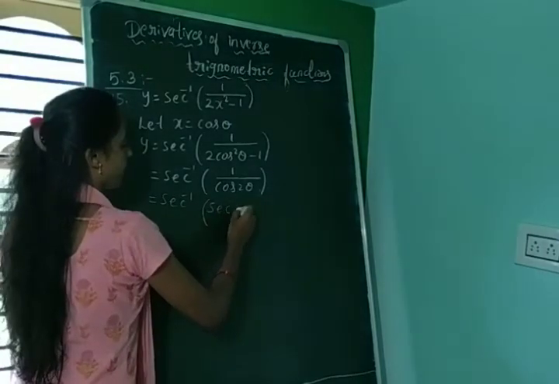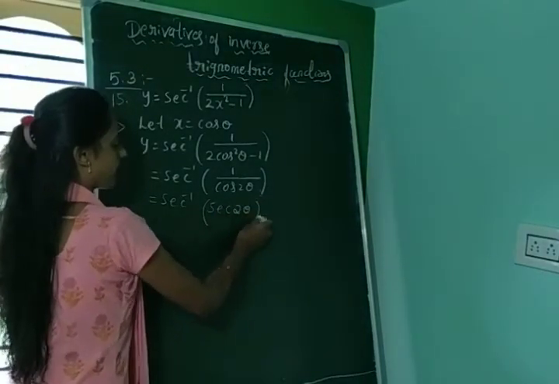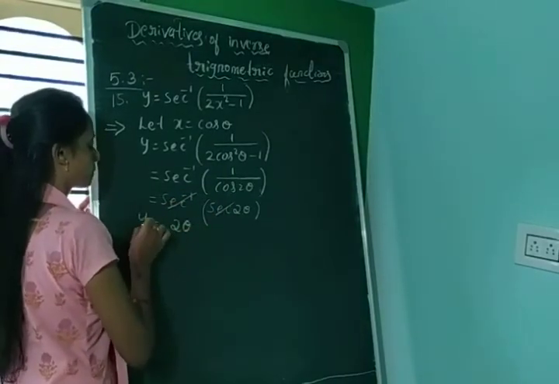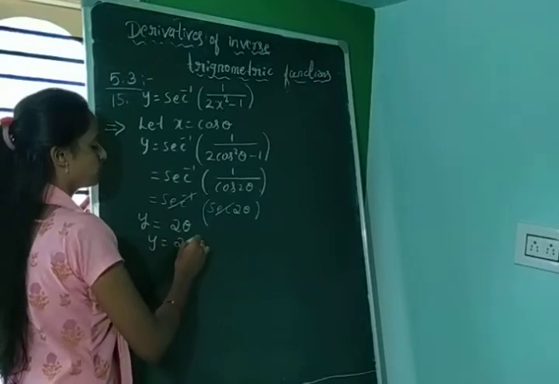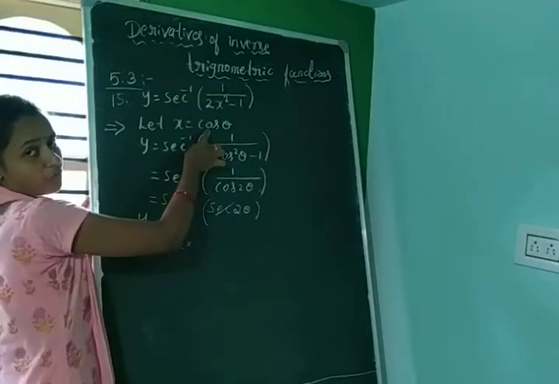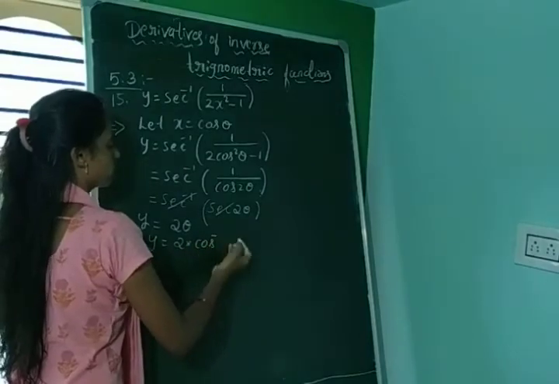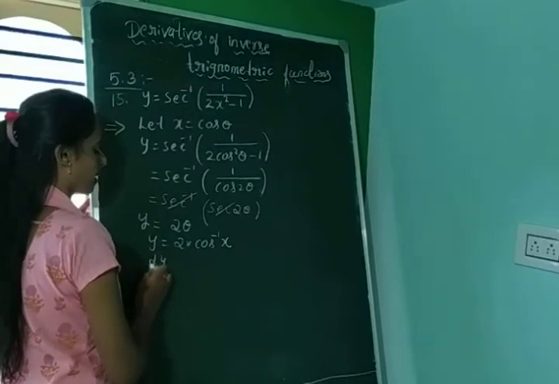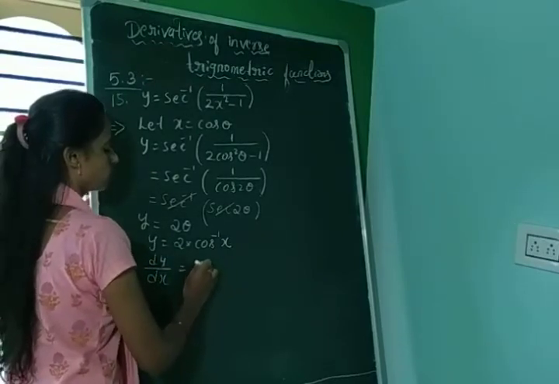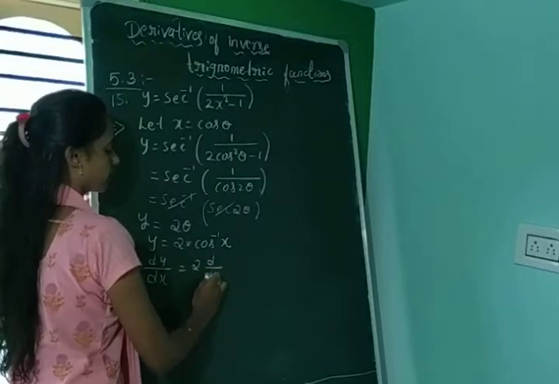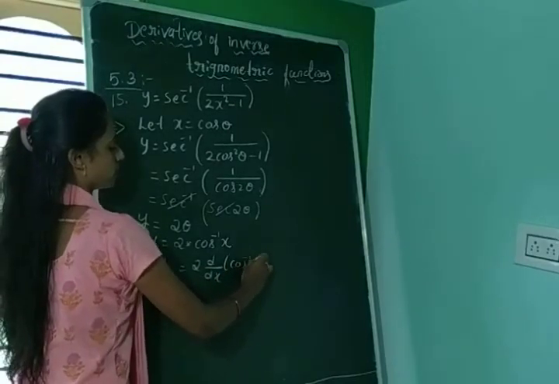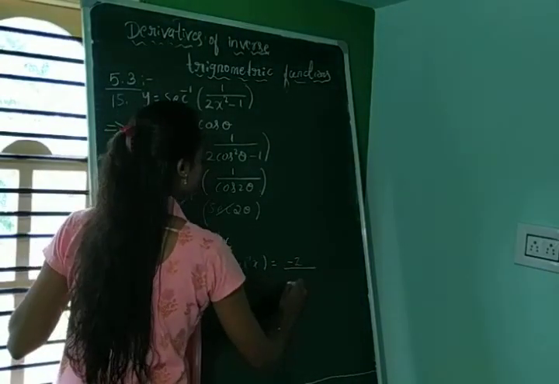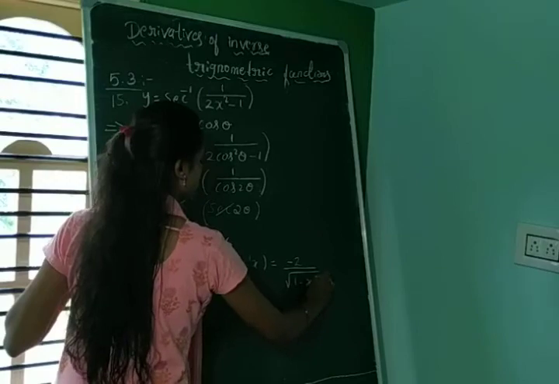So secant of 2 theta, and secant and inverse get cancelled. Remaining is what? 2 theta. So now y is equal to 2 into theta, and theta is cos inverse x. Therefore dy by dx is equal to 2 times d by dx of cos inverse x, which is minus 2 divided by the square root of 1 minus x squared.